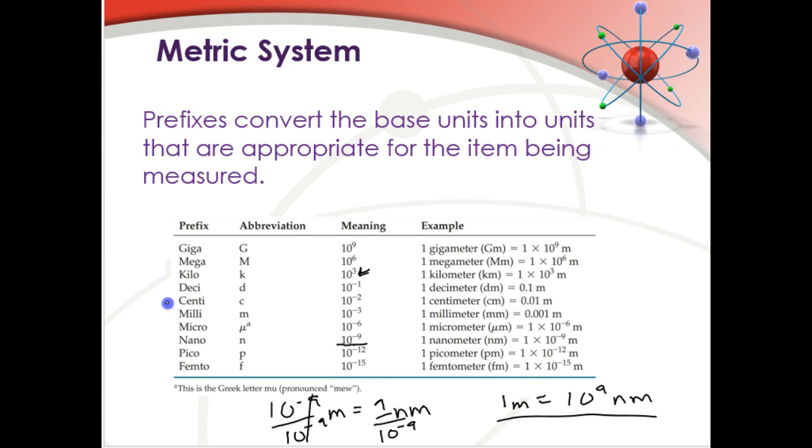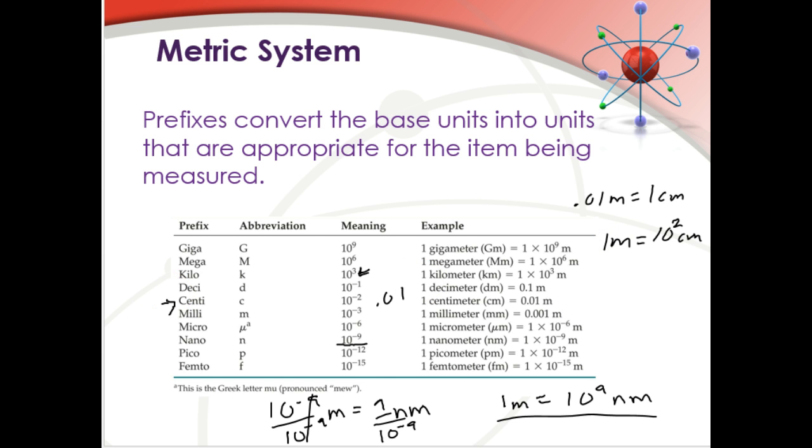We know centimeters are tiny, right? So it doesn't make sense that there's 0.01, which is 10 to the negative 2, centimeters in a meter. But there is 0.01 meters in 1 centimeter, or 100, 10 to the 2, centimeters in 1 meter. Okay.